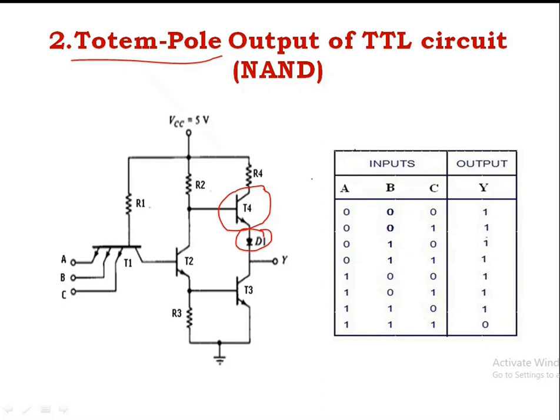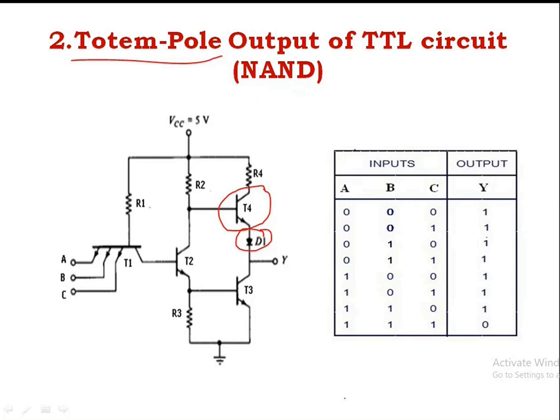Okay, so when the output Y is in low state, transistor 2 and transistor 3 are driven into saturation as in the open collector gate. The voltage at the collector of Q2, that is transistor 2, is 0.9 volts.